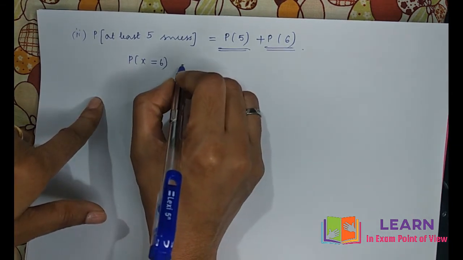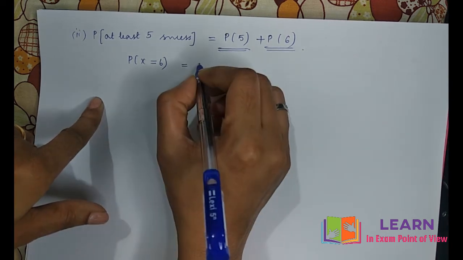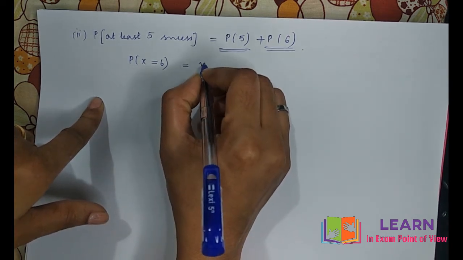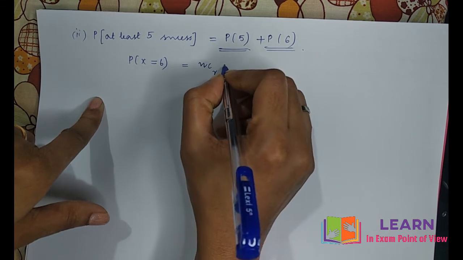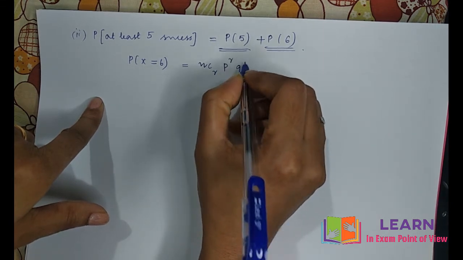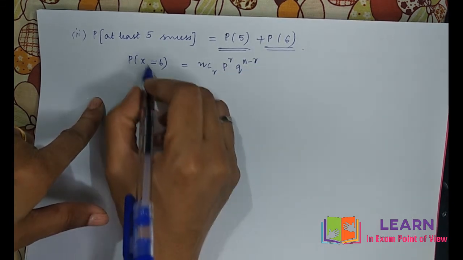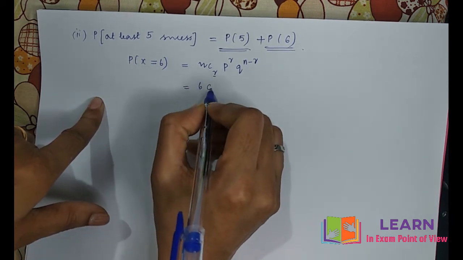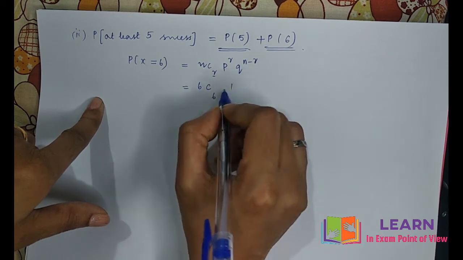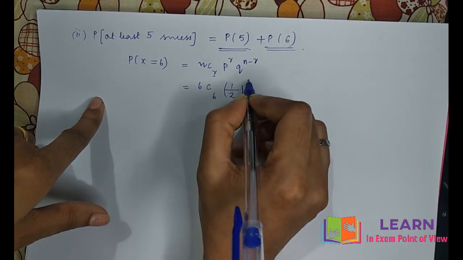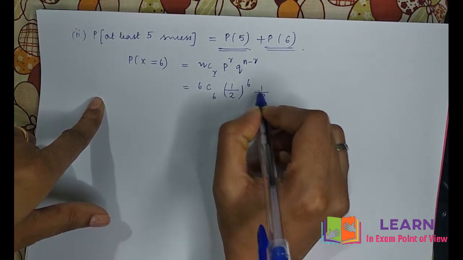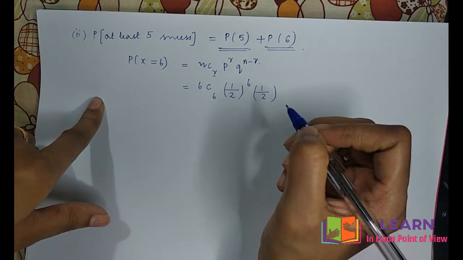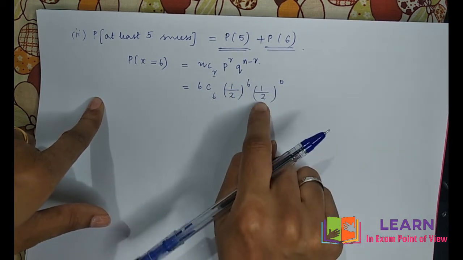That is what? That is nCr P raised to r Q raised to n minus r. This is the formula, right? In that place you have to put 6. That is n is 6, 6C6, P is 1 by 2 raised to 6, Q is again 1 by 2, 6 minus 6 will come, that is 0.